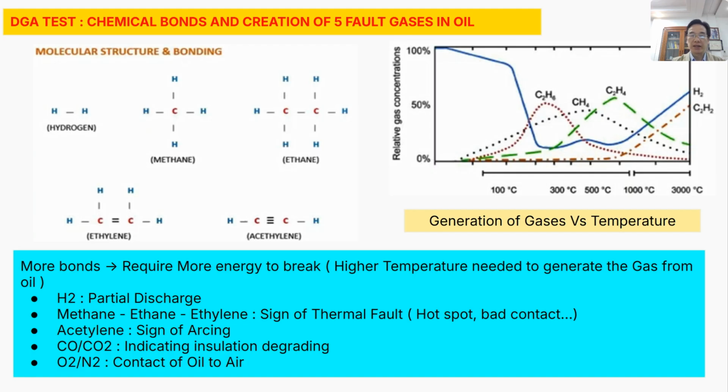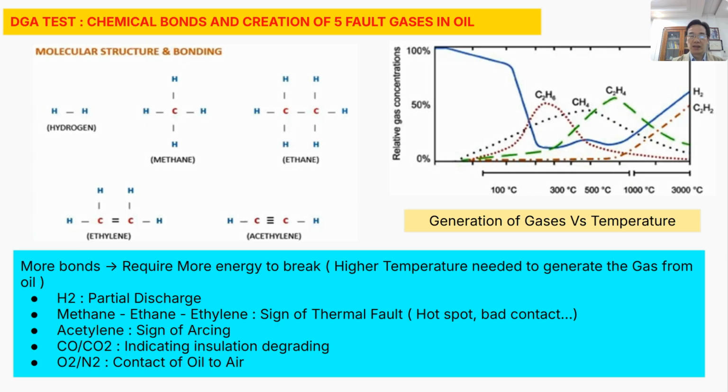In the main tank, in the conservator, if there is a gap, or on the flange connecting the piping, if the gaskets are not tightly closed, the oil can leak out. If the oil leaks out, the oxygen and nitrogen can leak in, and even moisture can leak in, increasing the oxygen and nitrogen content in oil.